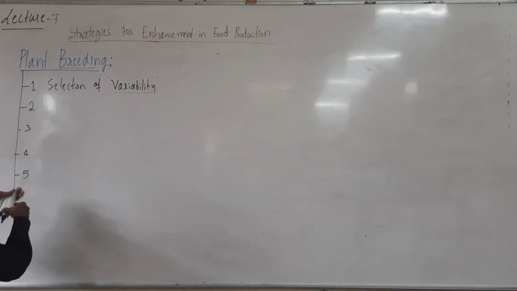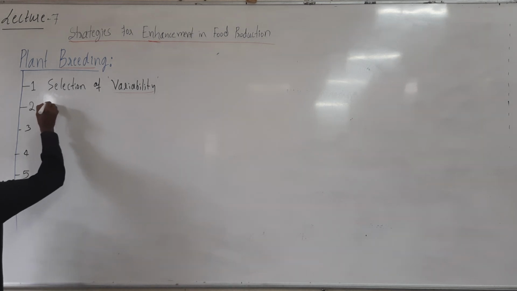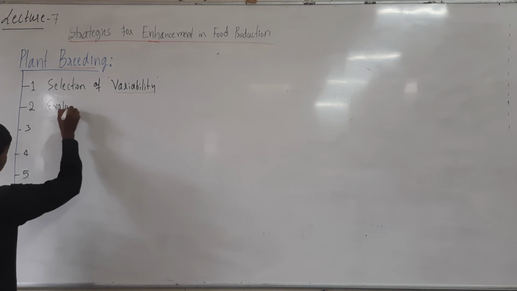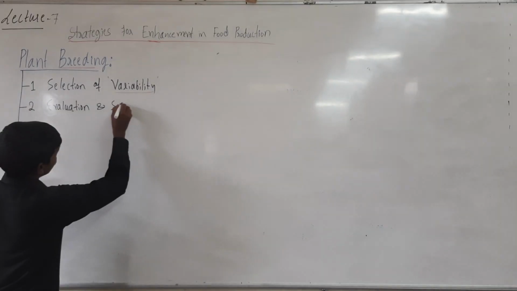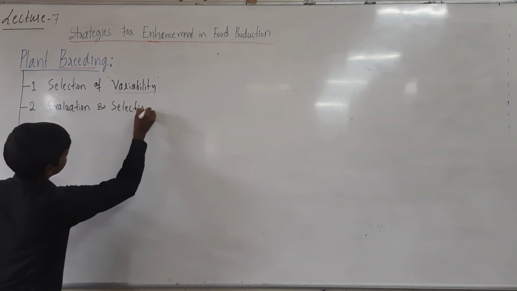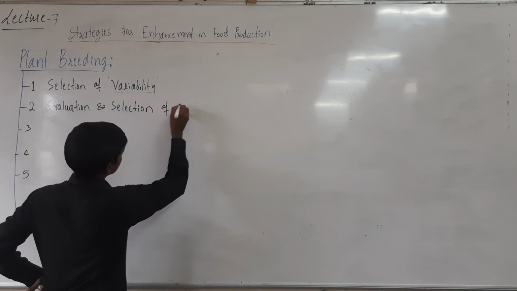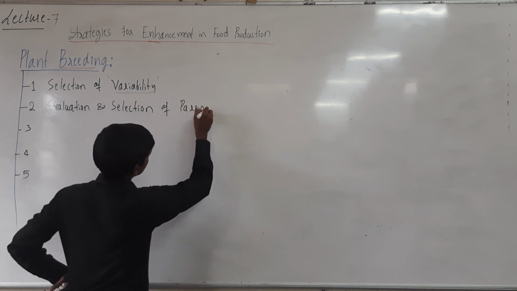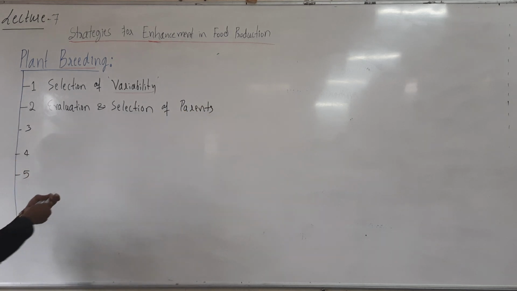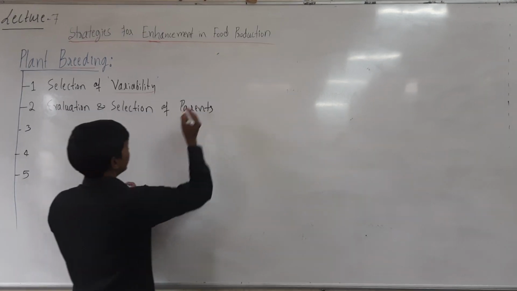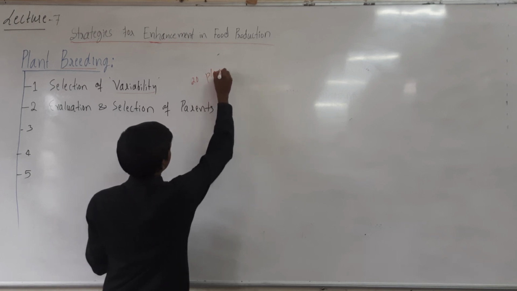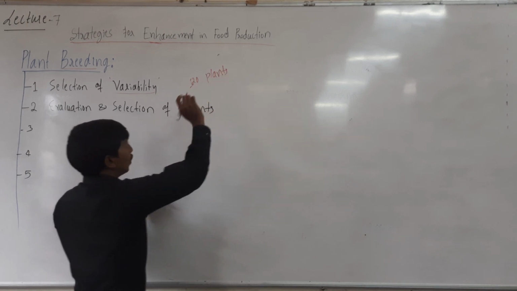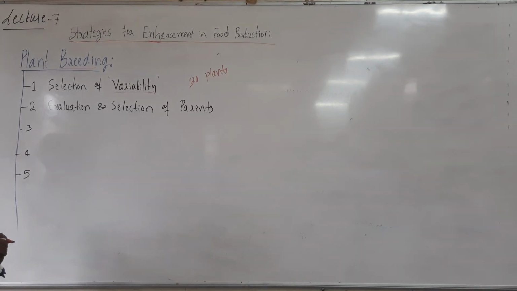Okay. Second step is evaluation and selection of parents. Imagine in the first step you have collected about 120 plants belonging to the same species.